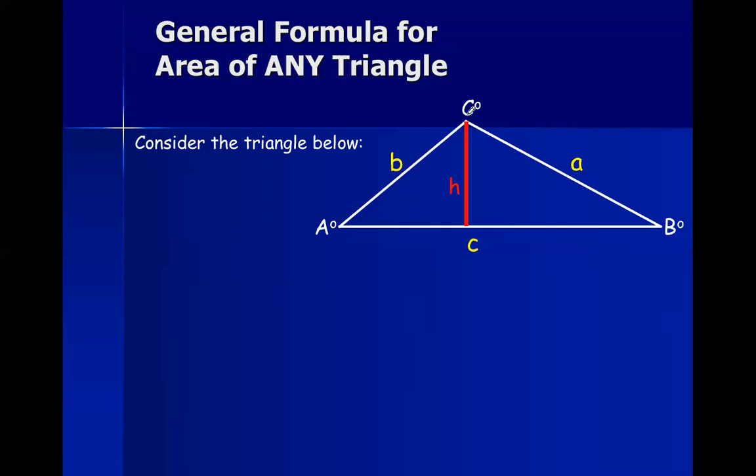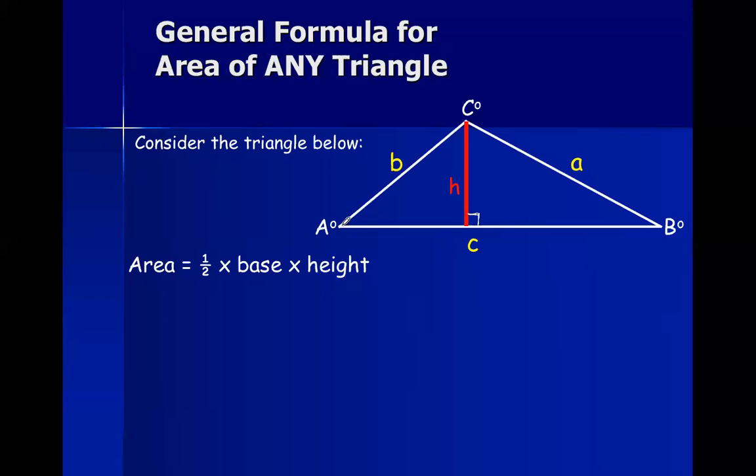So as you can see, from C down to here, this is what we call the perpendicular. And in S1, I think we teach this, the area of a triangle is half the base, so this is your base, which is c, times that height, as long as that height has a 90-degree angle here. So that's the formula that they learn.